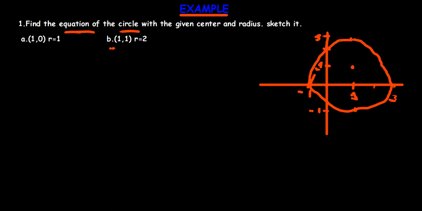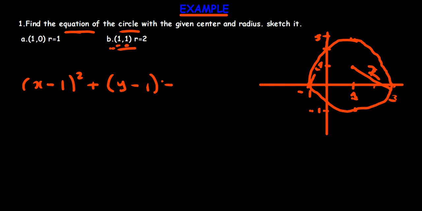On each point where you move from the center to the axis, it's going to be a radius of 2. As we've identified that 1 comma 1 is our center, we have our h as 1 and our k as 1. So I can write x minus 1 squared plus y minus 1 squared is equal to 2 squared.